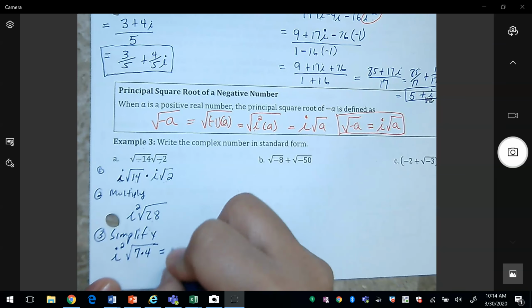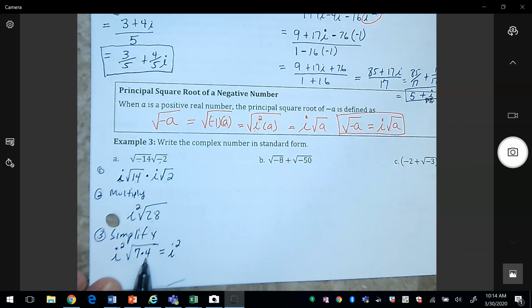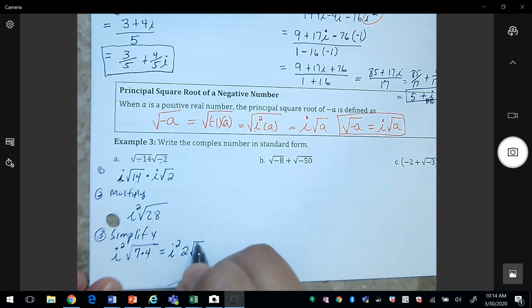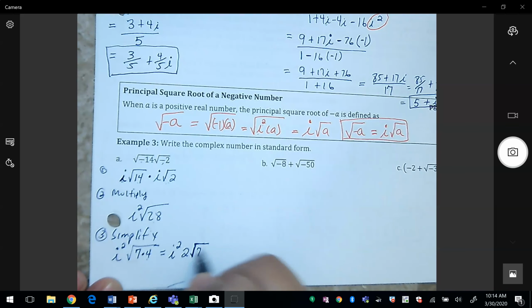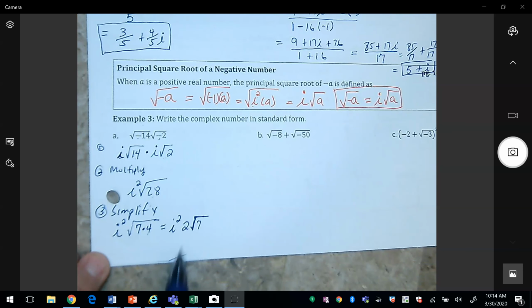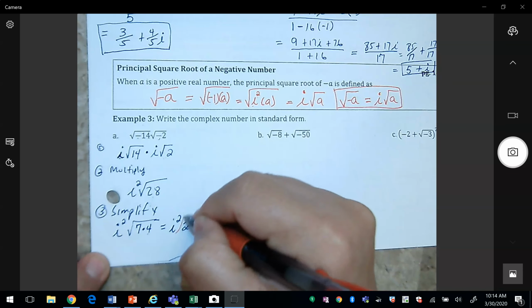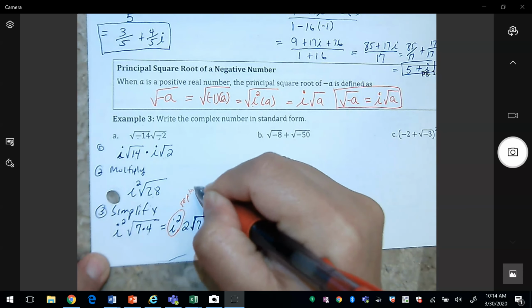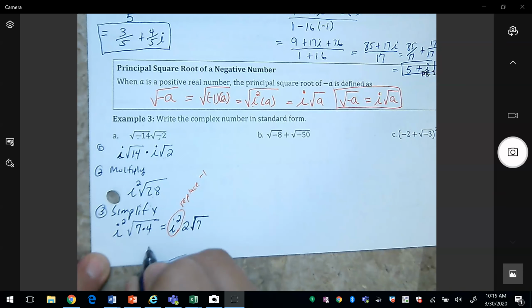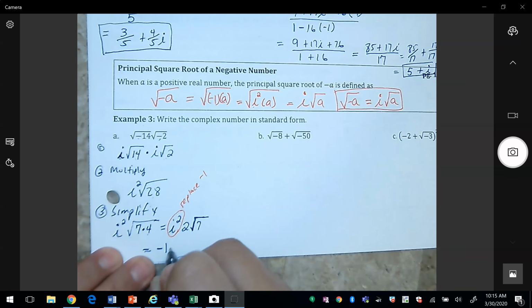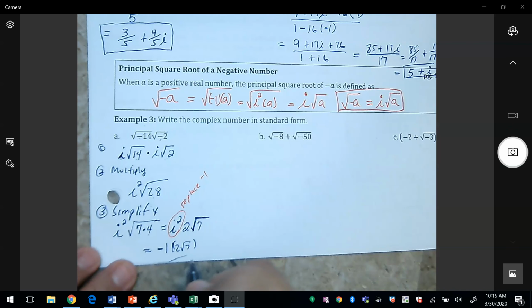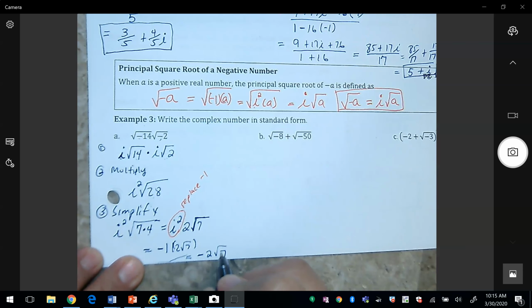And this would give me i squared. We can take the square root of 4, which comes out as 2, and the square root of 7 would remain inside. And now, since I have an i squared, I can replace it with a negative 1. So my final answer here would be negative 1 times 2 square root of 7. And we can just write it as negative 2 square root of 7.